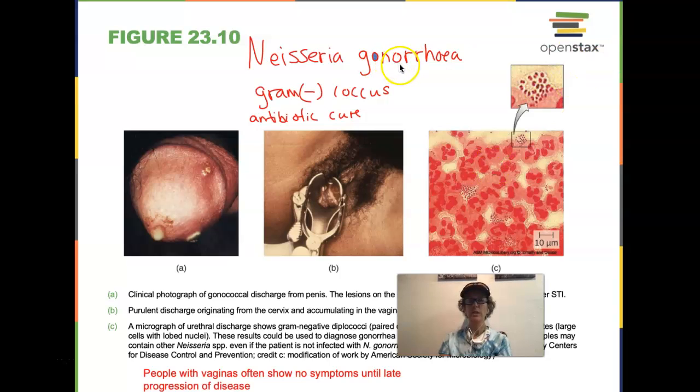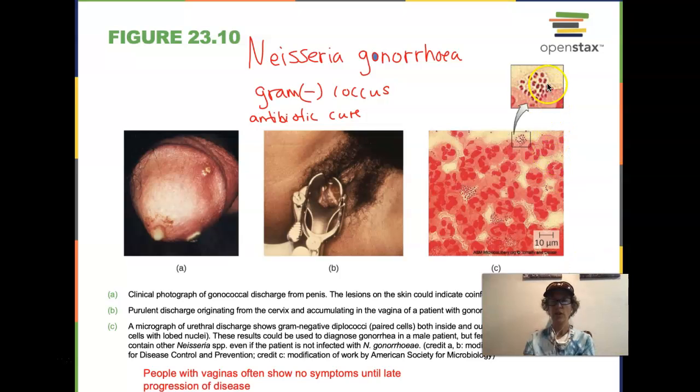Neisseria gonorrhoeae, it's very nice when the organism tells you the disease it causes. It is a gram-negative coccus, and so this is a stain showing the little cocci that are present on the surface of urethral discharge. Those are urethral cells.